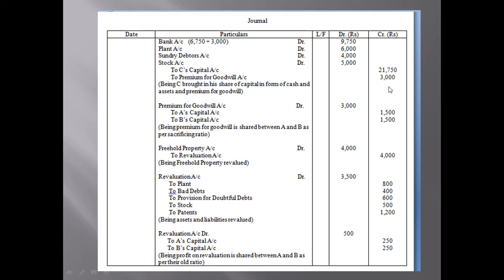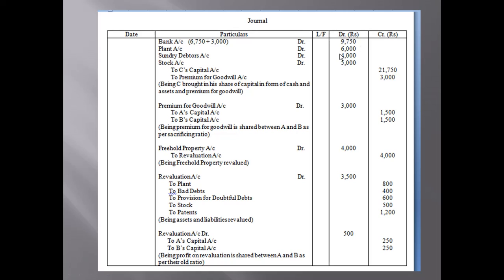Here in the credit side it was 24750, and in the debit side we have to subtract 15,000 from 24,750. How much will we get? We will get 9750. Yes, this 9750 is the amount that is brought in by C on his admission.